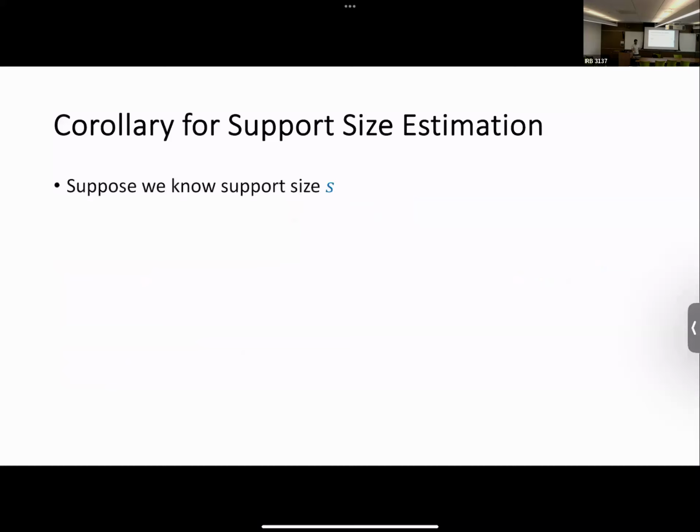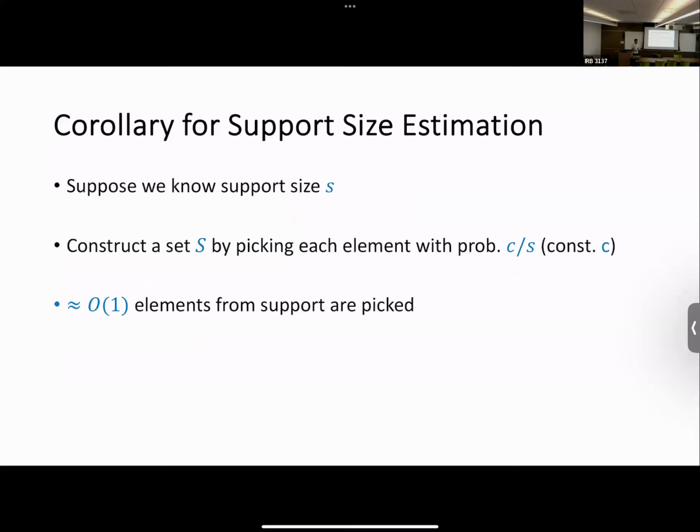At a high level, why that happens is this. Suppose you know the support size S. You construct a conditioning set on which you make the query by picking each element with probability C over S. Then roughly from your support you pick constantly many elements, where C is some cleverly chosen constant.